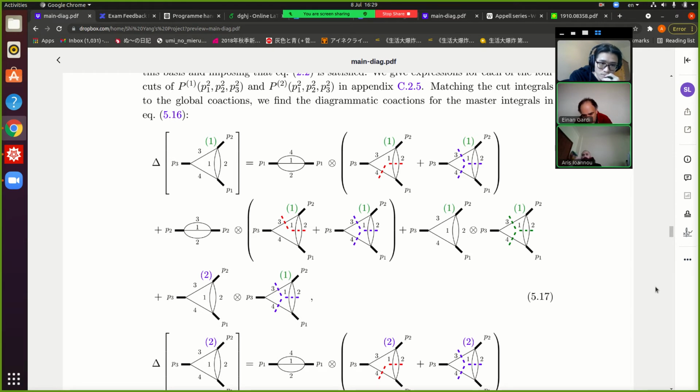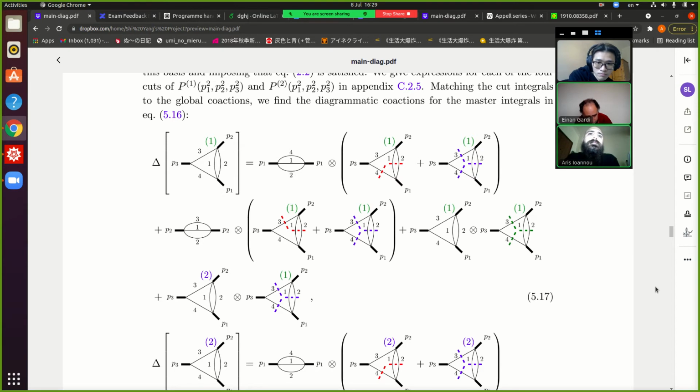I think there are 2F1s, so it's a 2-dimensional cohomology space. And the other things that we see here, which come together with the sunsets, are a linear combination of the maximal cut and a 2-propagator cut. That's slightly more complicated, but not very much.